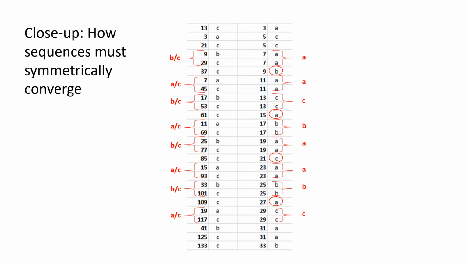And they converge onto 1 by this mechanism, which I'm showing here, of A and C, or B and C, converging on an output number that could be A or B or C.